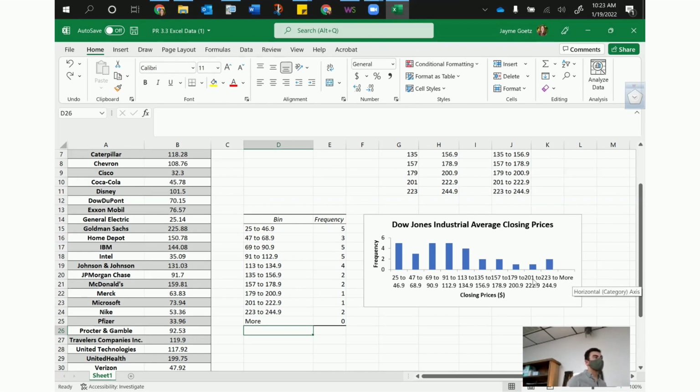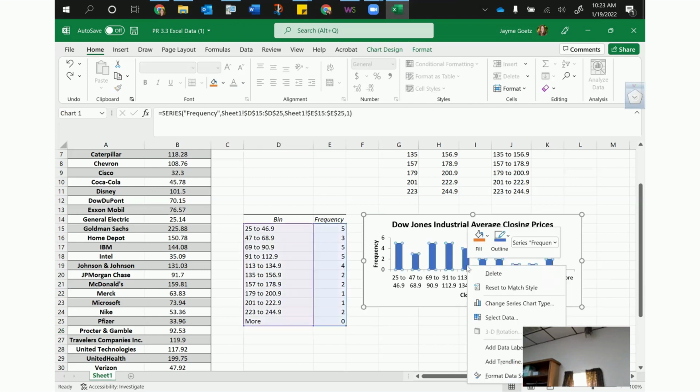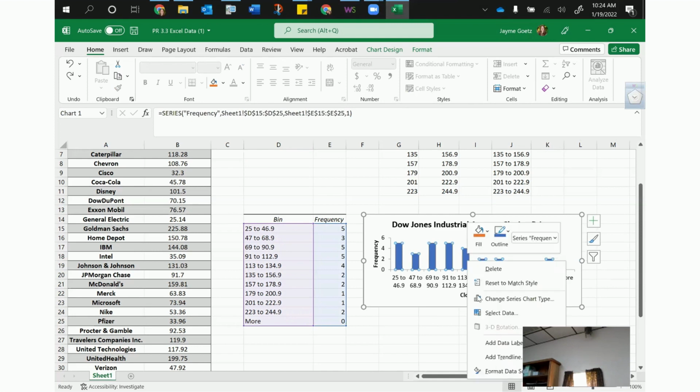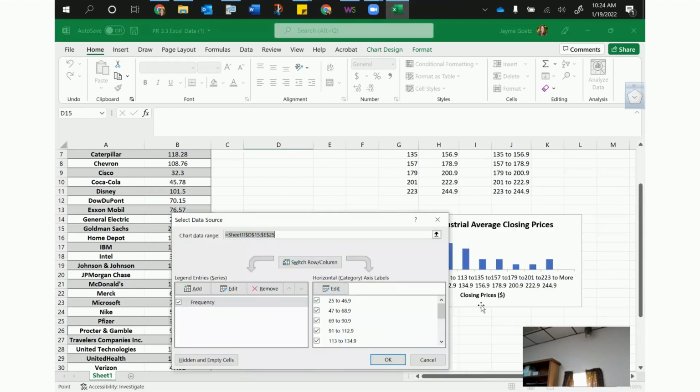Are you ready? You are going to right click on the data, and you're going to come down here to select data. So again, Jocelyn and Lainey, you're going to right click on the data and you're going to come down here to select data and it's going to pull this up. Okay.